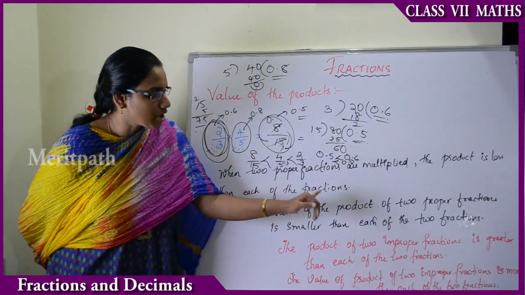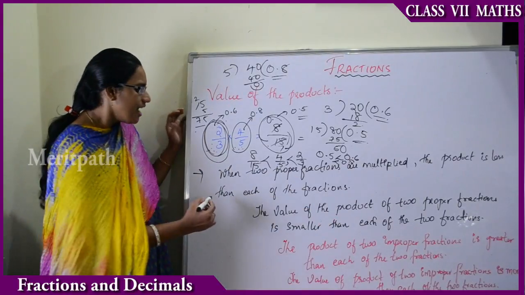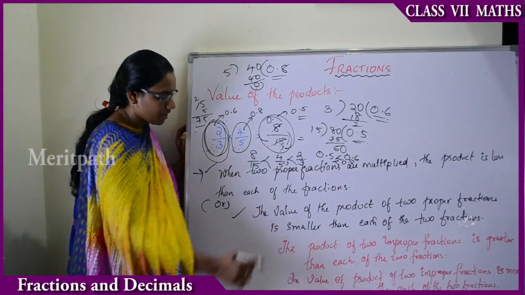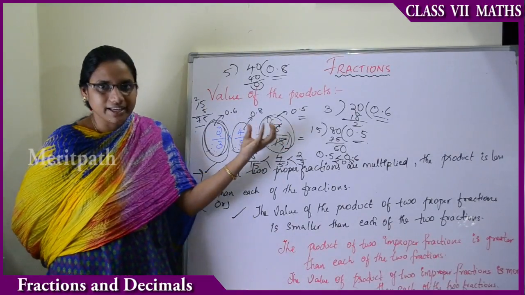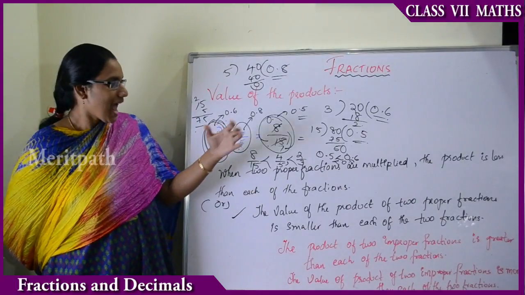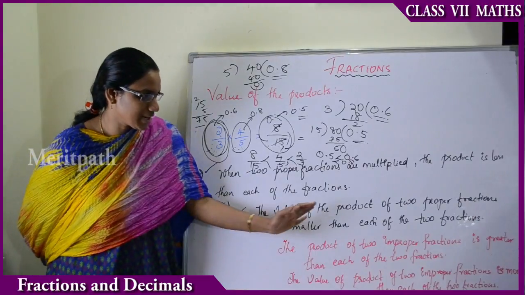The value of the product of two proper fractions is smaller than each of the two fractions. That means we can define it in statement 1 wise or statement 2 wise: the result we got by multiplying these two fractions is less than these two fractions.